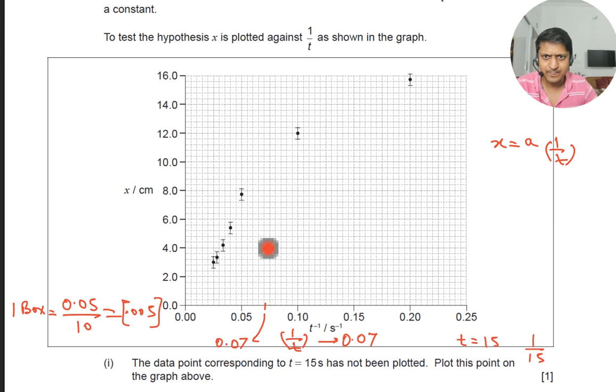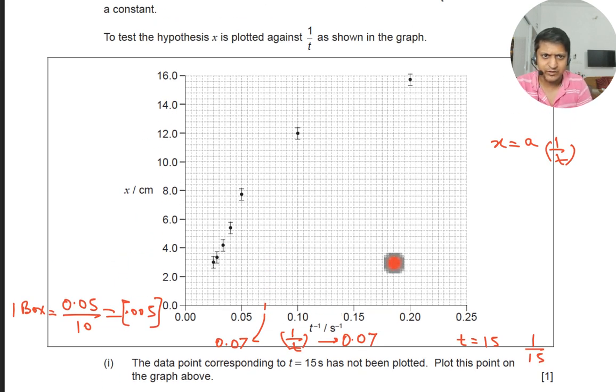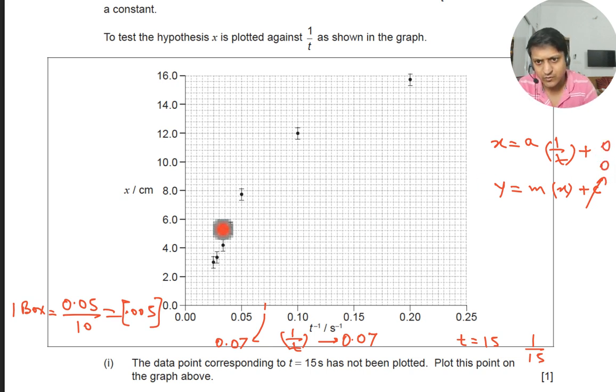Okay. So when this graph has been plotted, this is like y equals mx plus c, and this c is 0 because the line passes through the origin, as there is no c here. So the graph will be like this.